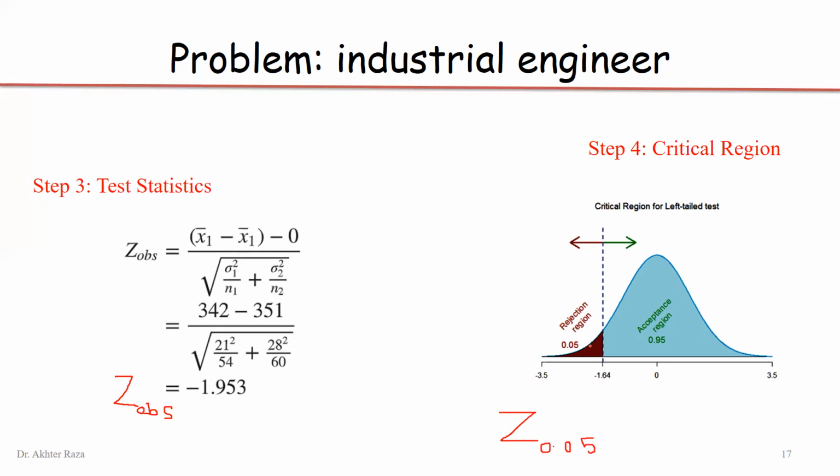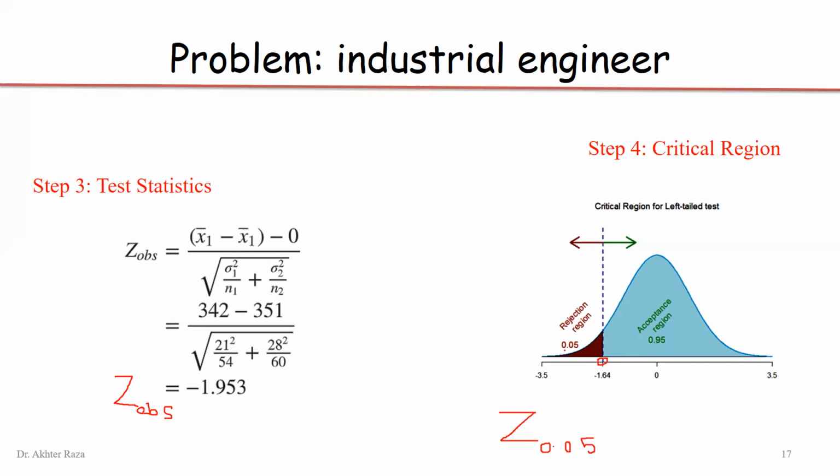This is alpha, 0.05, and this is the value which we took from the table: minus 1.64. The critical region is minus 1.64 and below that. All of this brown region is known as the rejection region, and this 95% region is known as the acceptance region.